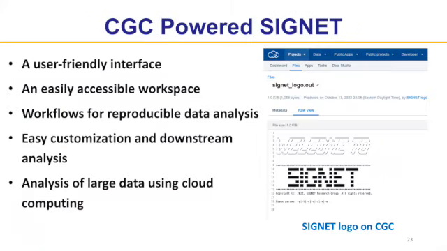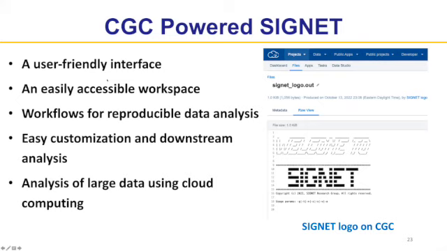In terms of the CGC platform, it can make SIGNET much more useful and easier to run. The right-hand side shows the logo of SIGNET on CGC. I'm not sure if you can read it, but it says, "Welcome to the SIGNET." The left is the bullet points.